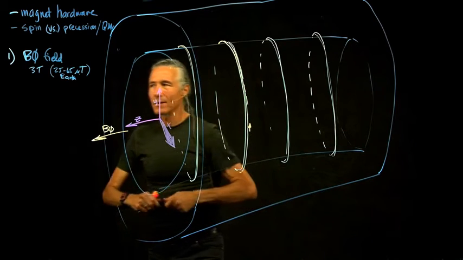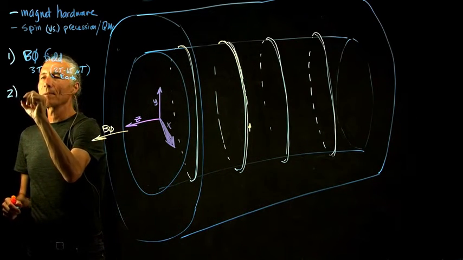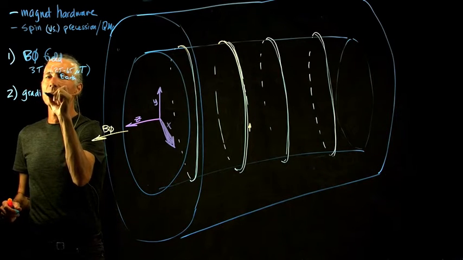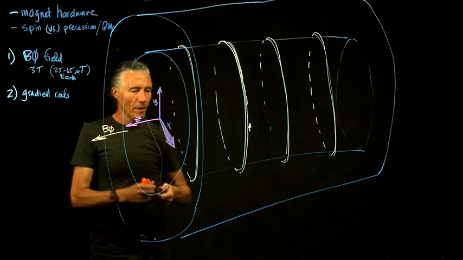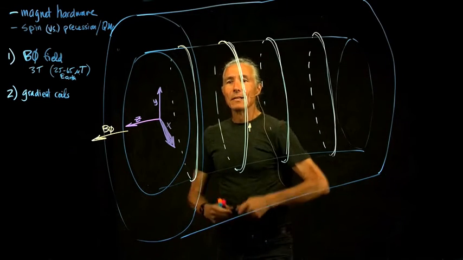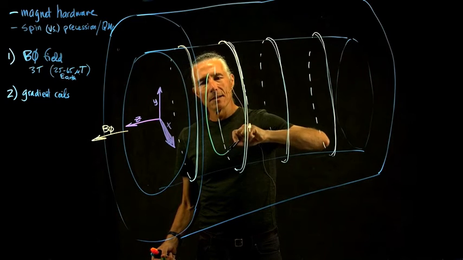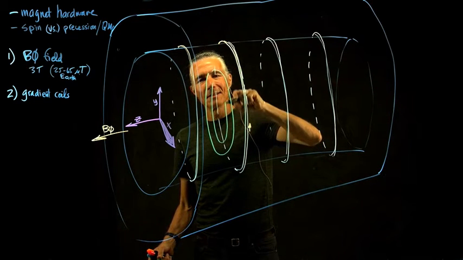Then the second part is the part that makes the noise. And the part that makes the noise are the gradient coils. So the gradient coils are another big thing inside the magnet. This weighs a couple tons.